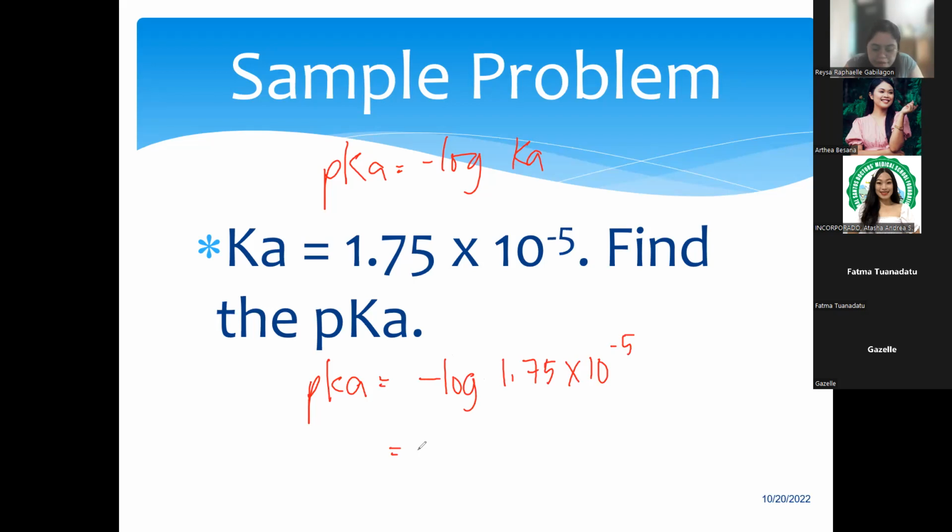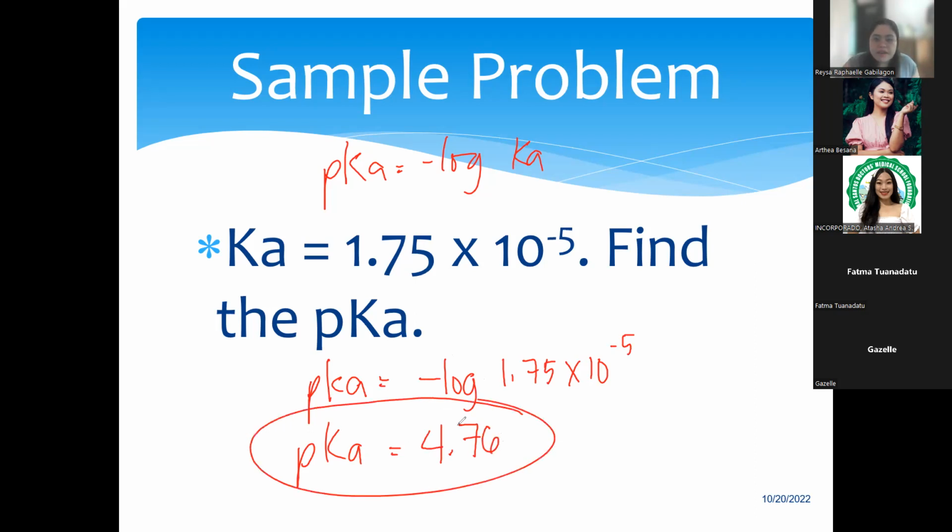You input negative and then log, and then 1.75 times 10 raised to the power of negative 5. To 2 decimal places, pKa is 4.76. Okay, this is the correct answer, 4.76. That's the pKa. Okay, very good.